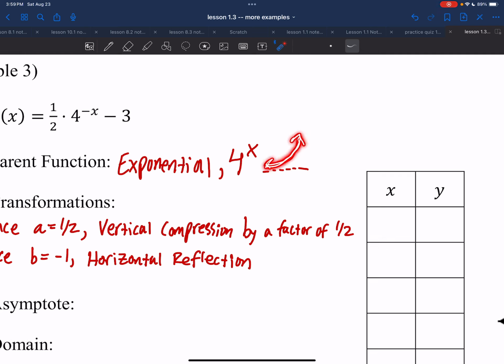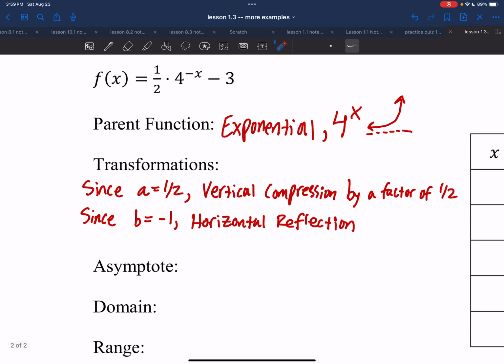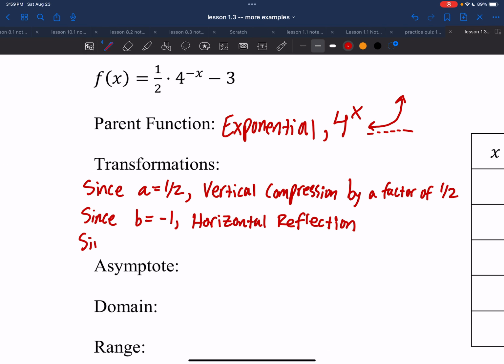If your exponential looks like this, then to horizontally reflect it means it looks like this. It's going to come down like that. And then I also said that d was negative 3. D equals negative 3. This will shift down 3 units.